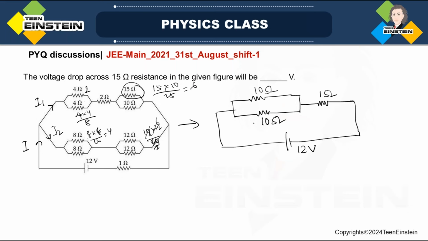The equivalent resistance will then be 6 ohm ultimately. So this is 12. So the total current which is coming out of the battery will be actually 2 ampere. Okay, so the total current coming out is 2 ampere, and since these two branches have the same equivalent resistance, through this I1 will be 1 ampere and I2 will also be 1 ampere.